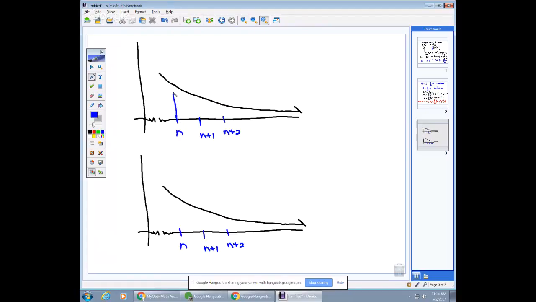I could take a look at them as right-hand endpoints, in which case I would have a bunch of rectangles underneath like this, all the same width, believe it or not. Let's make that a little wider so it matches the others. And they're just going to keep going out here to the right forever. I could draw them also with left-hand endpoints, in which case they would look like this. I kind of have my choice here as to which way I want to draw it.